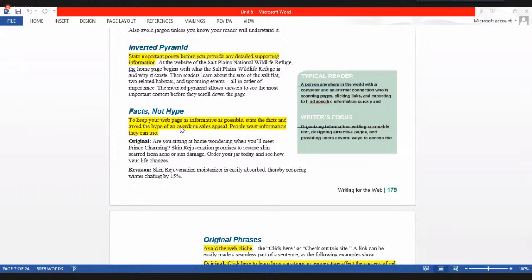I mean, don't give unnecessary things, not hype. Hype is just the opposite of facts. In the facts, there is no expression of your personal feeling, emotion, etc. Just present the facts as they are.